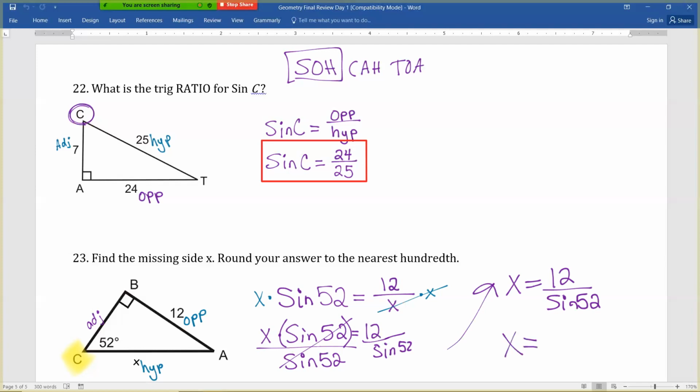That gives you an x value of 15.23. Again, it tells you to round to the nearest hundredth place, so 2 places after your decimal. Questions on this one?